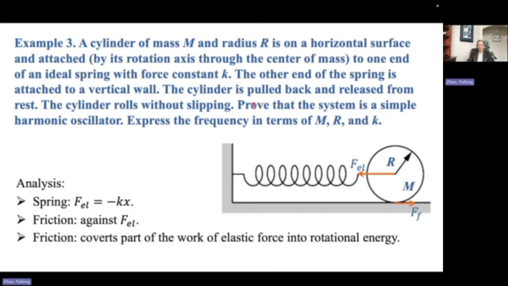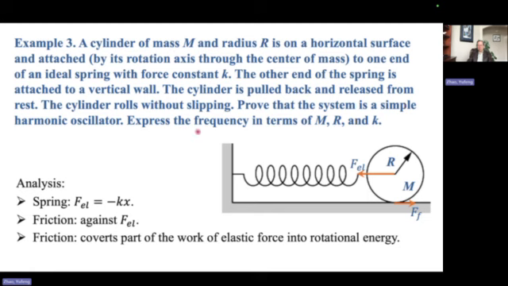The cylinder is pulled back and released from rest. The cylinder rolls without slipping, meaning that static friction is coming into play. Prove that the system is a simple harmonic oscillator, and express the frequency in terms of mass m, radius of the cylinder, and k, the force constant.